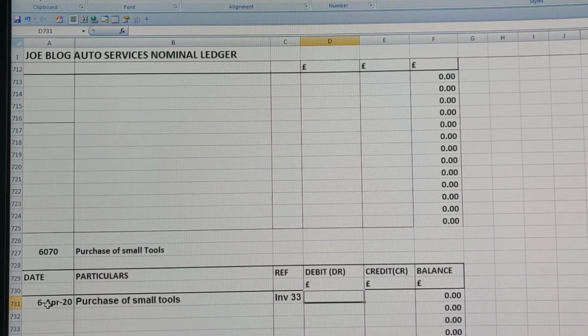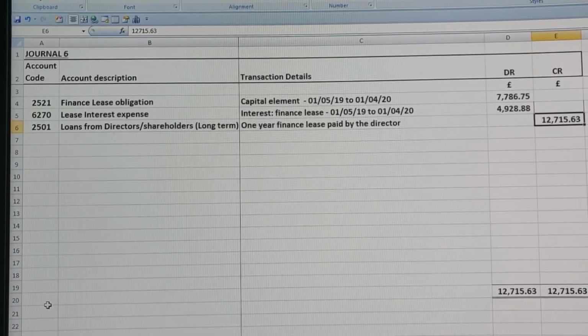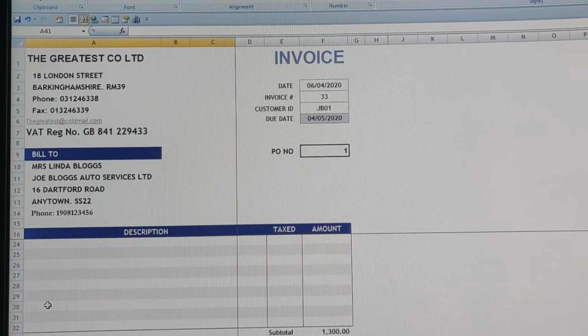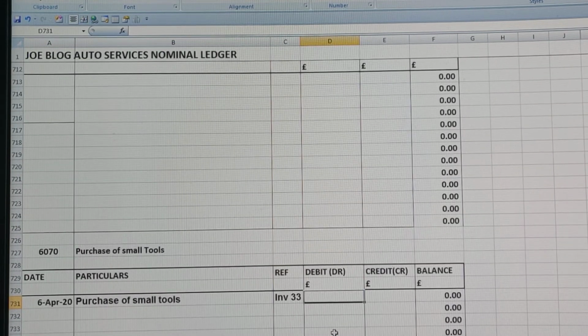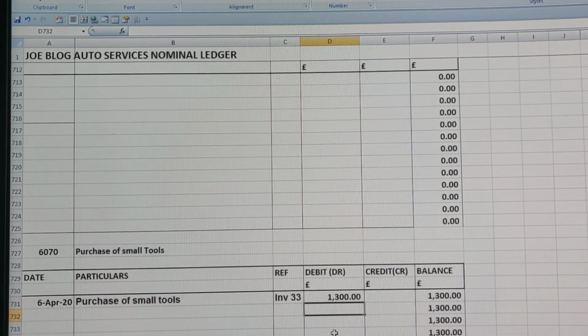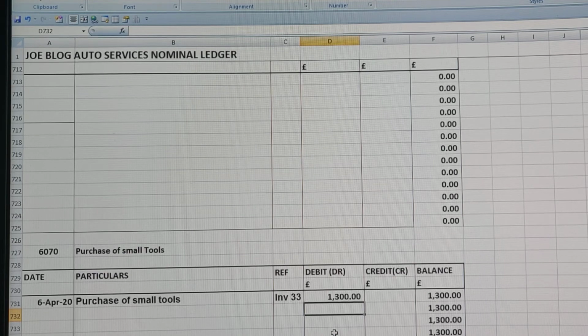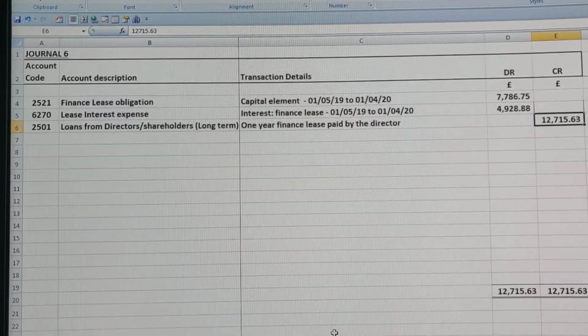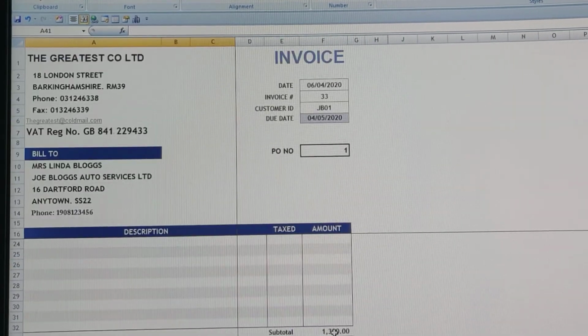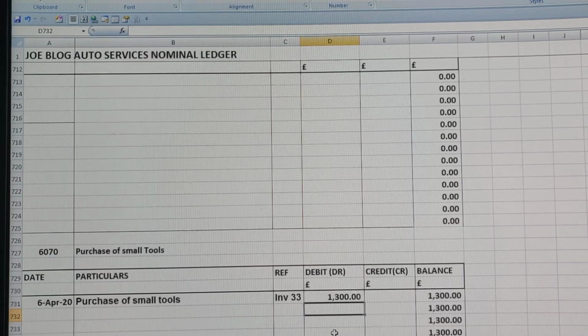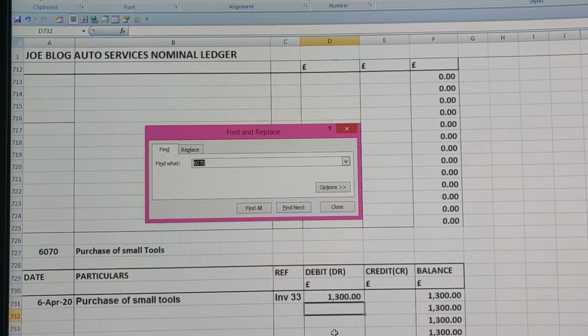In the expense code, I'm only going to put the net amount exclusive of VAT because the VAT is reclaimable. So the net amount is £1,300. Now the VAT element is 260, which will go into the input VAT control account, or rather the VAT reclaimable account.